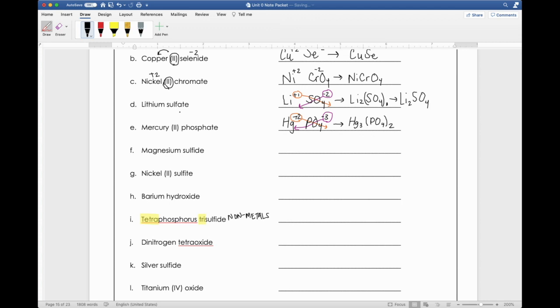So for I, tetraphosphorus means you have 4 phosphorus atoms, tetraphosphorus, trisulfide. There are 3 sulfur atoms there. That's it. You don't switch anything. You just leave it as it is.